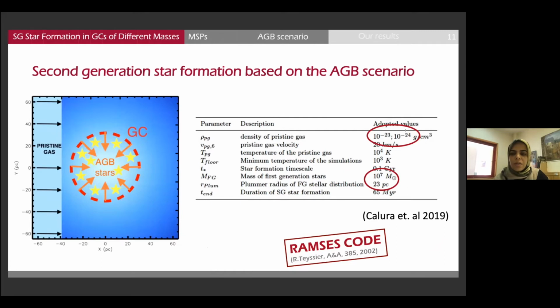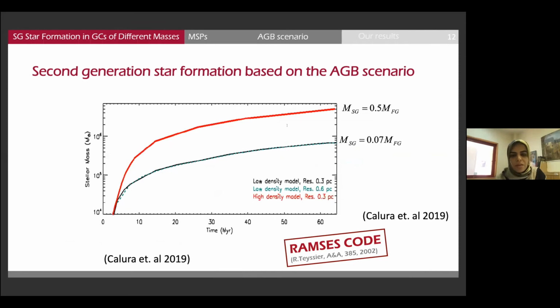I will refer to these two simulations in my talk as the high density and low density simulations. They found that such a massive cluster is able to retain its AGB ejecta, can accrete the pristine gas, and finally can form a very massive second generation cluster, as you can see here.